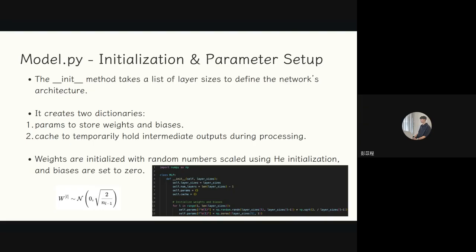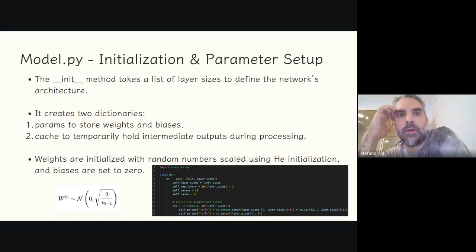Notice that the weights are initialized with random values scaled by the He initialization method to ensure stability, and all biases are simply set to 0. This setup is fundamental for ensuring our network starts on the right foot. Next page.